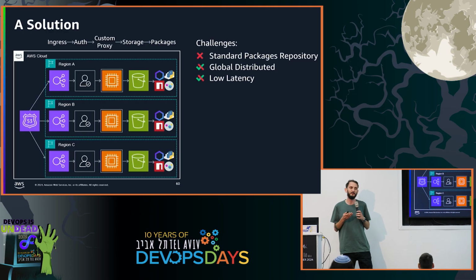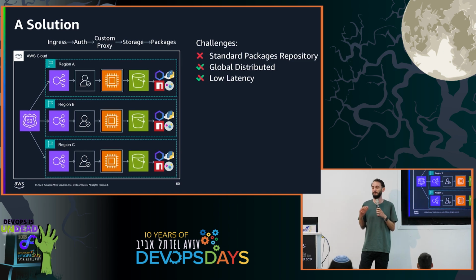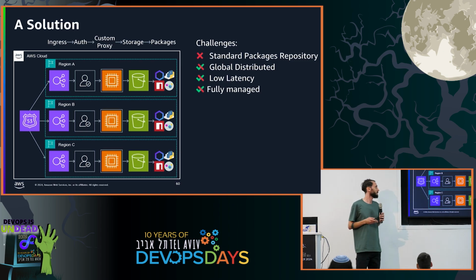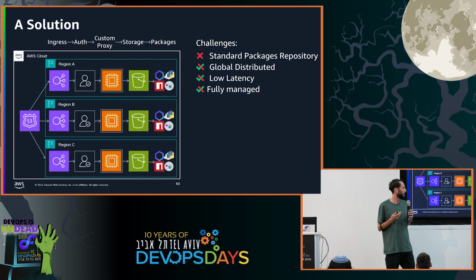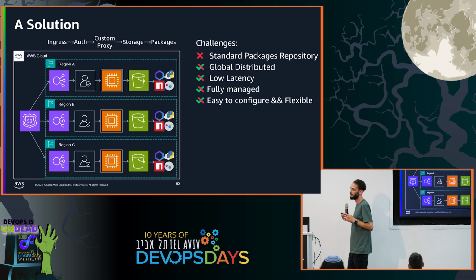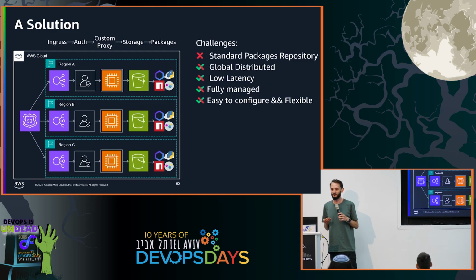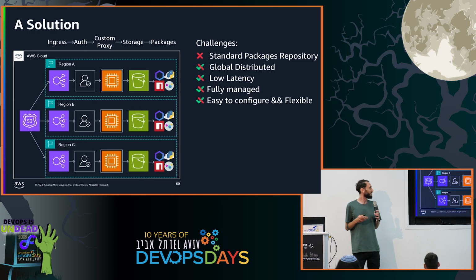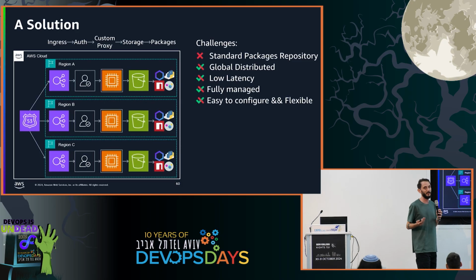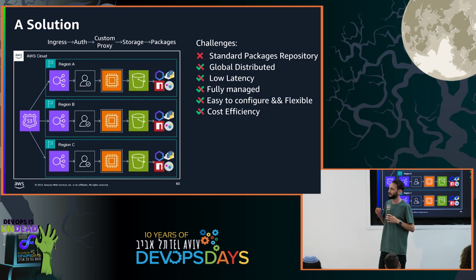Third, the latency really depends on the custom proxy and how well it's built and maintained. And it's semi-managed, because some of the components here are not managed by AWS, and the shared responsibility is very tricky. And the ease of configuration really depends on the expertise of the DevOps team. And as Gabriel mentioned, at the time, there was zero DevOps experience in the team.